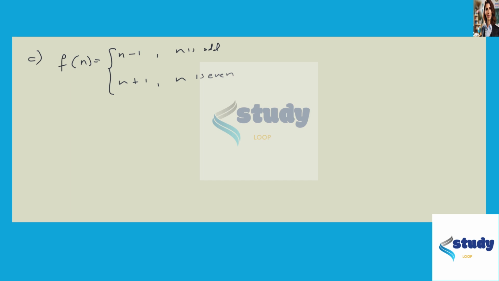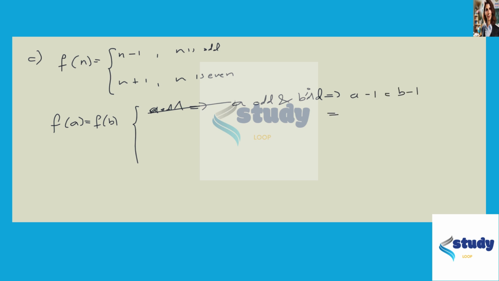So the function is one-to-one because if f(a) is equal to f(b), then we have two cases. When a and b are both odd, you have a minus 1 is equal to b minus 1, which implies a is equal to b.